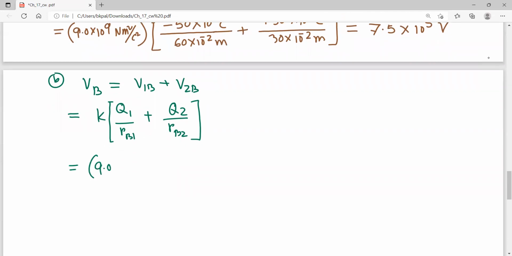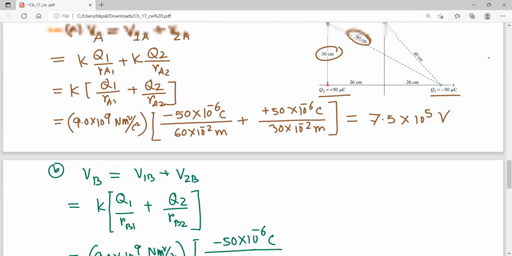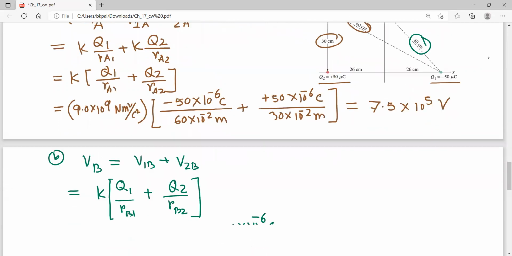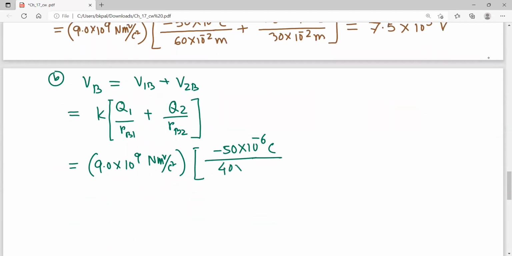K is 9 times 10 to the power 9 Newton meter square per coulomb square. Q1 is minus 50 times 10 to the power minus 6 coulomb. What is RB1? RB1 is 40 centimeter, so 40 times 10 to the power minus 2 meter. Q2 is plus 50 times 10 to the power minus 6 coulomb.